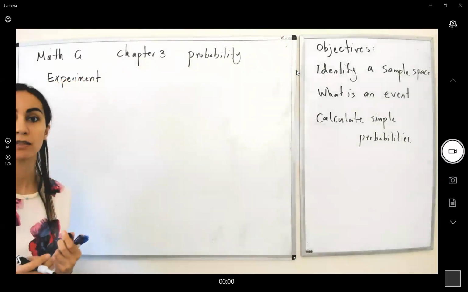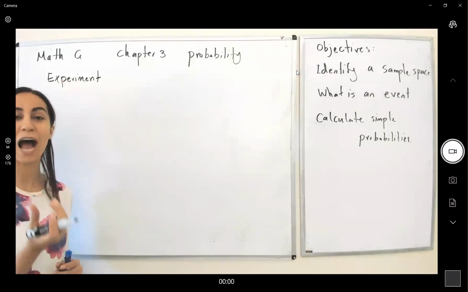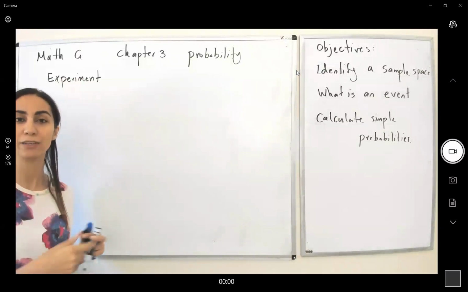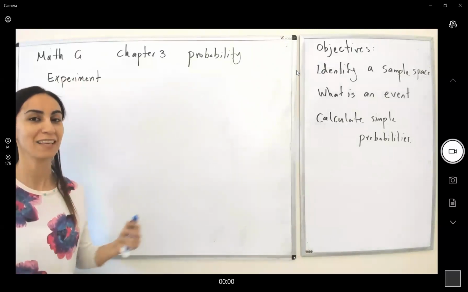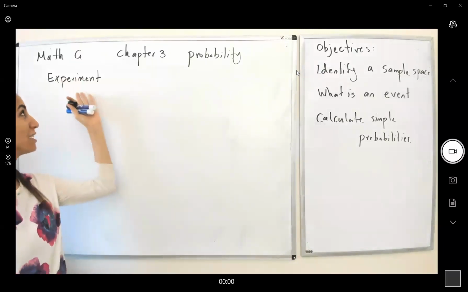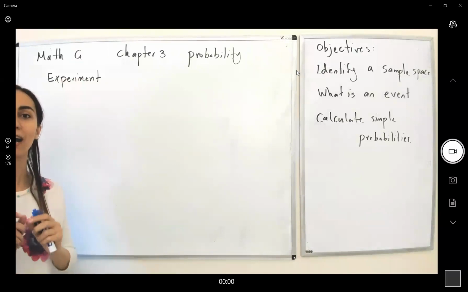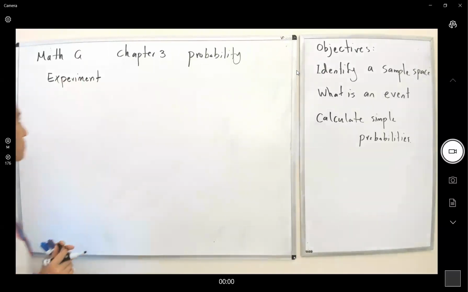An experiment can include trials. For example, suppose you have just a coin and you start flipping the coin. You're looking at outcomes of flipping a coin, and in that experiment, you have some results or some outcomes.